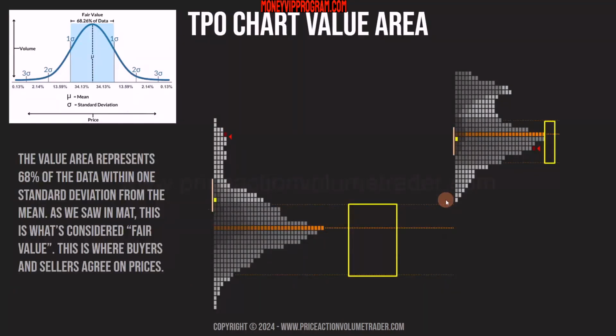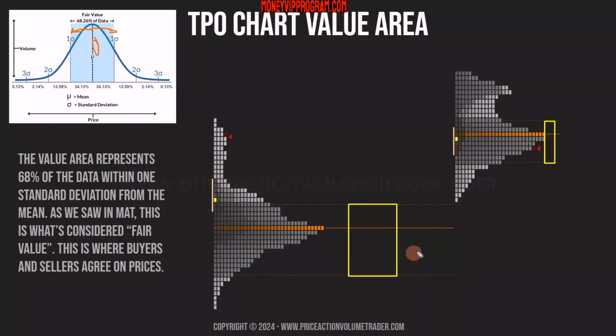Okay, now the components of the TPO chart. The value area, I talked about this a little bit earlier, represents 68% of the data within one standard deviation from the mean. So we have the mean here, or what we would call fair value, and then we have 34% to one side, 34% to the other.